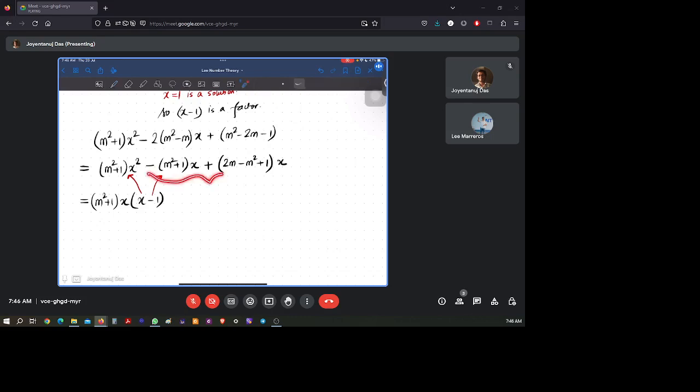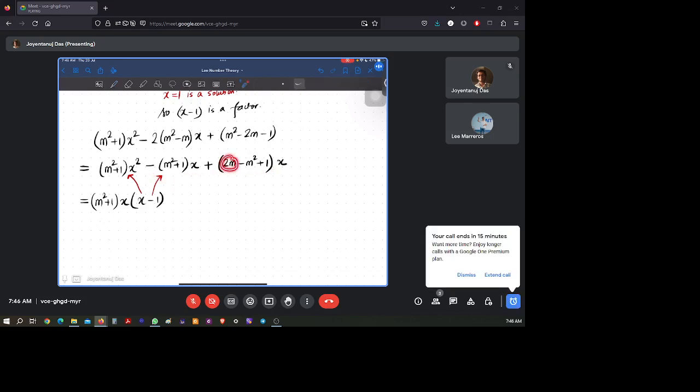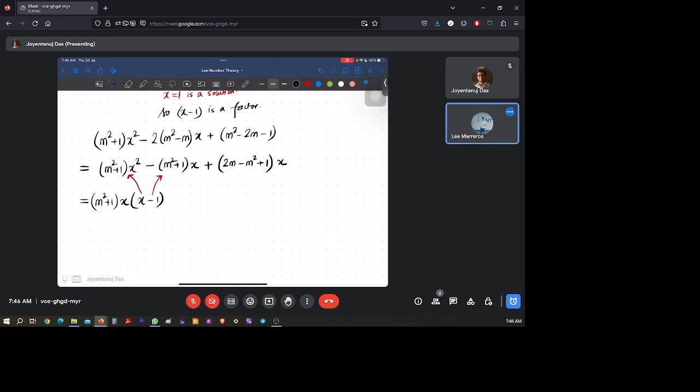If you see these two things together, this 2m is there, so it is minus plus 2m. The minus 1m square and minus 1m square make 2m square. And this plus 1 and this minus 1 cancel. So this is my adjusted term. The last term I have is 2m plus 1, sorry, minus 1.